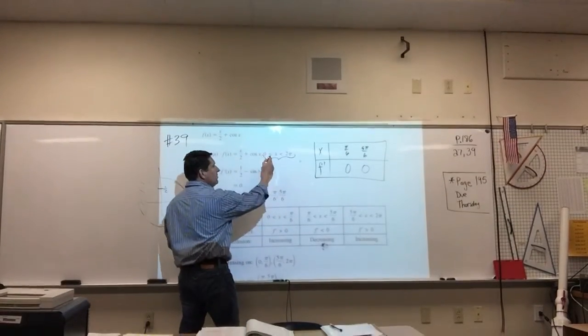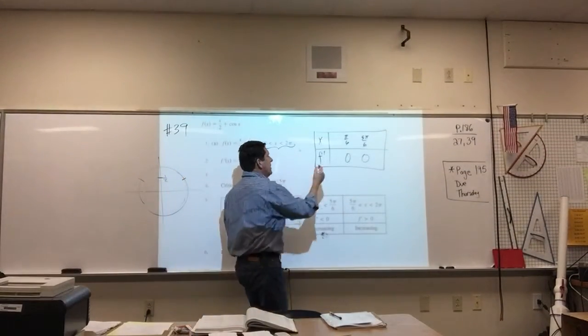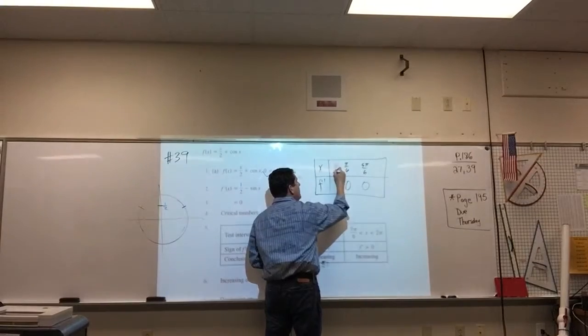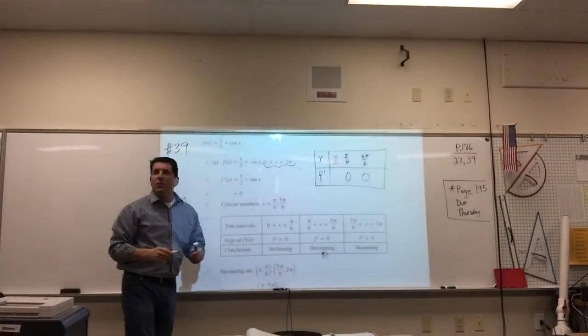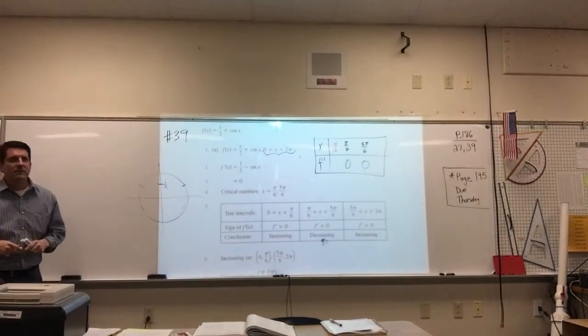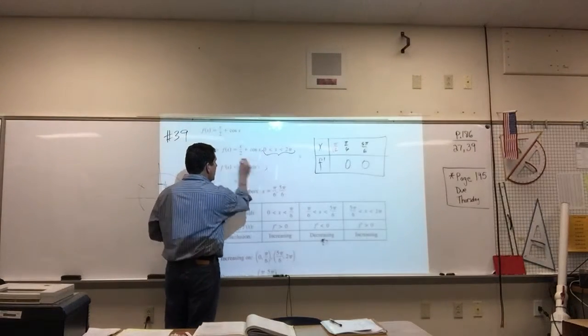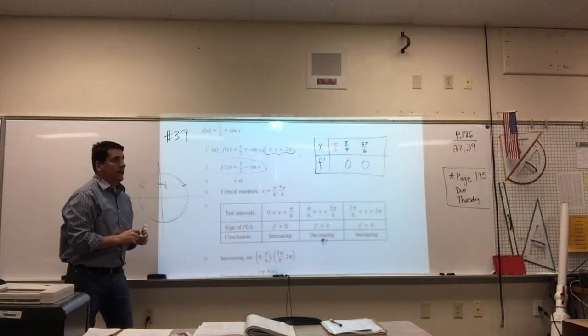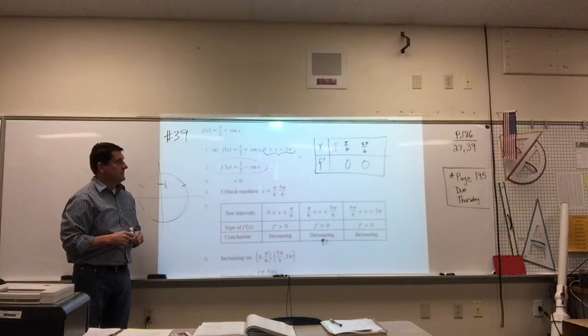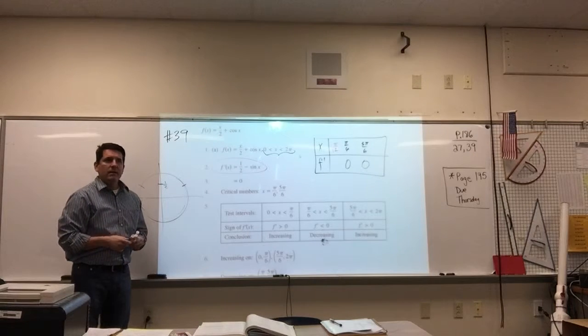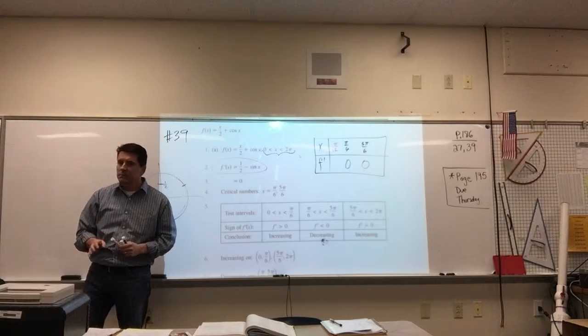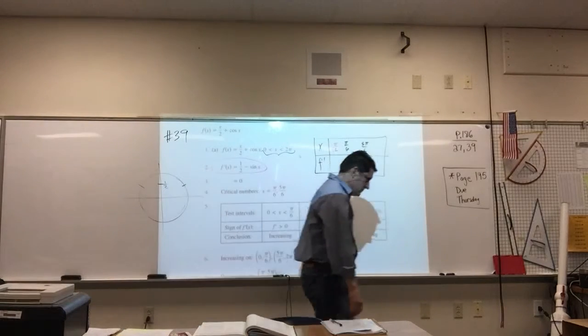I have to pick a number between 0 and pi over 6, something like pi over 12. And you're like, well, Mr. Johnson never taught us how to find the sine of pi over 12. How can that be? Well, stop and think. It's important.